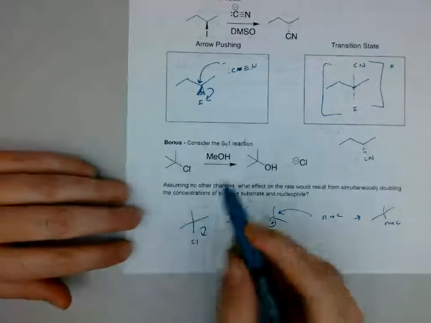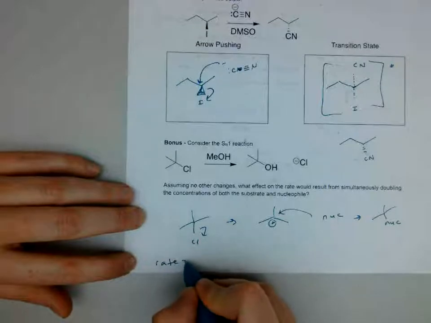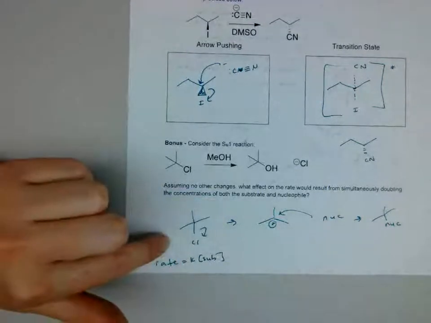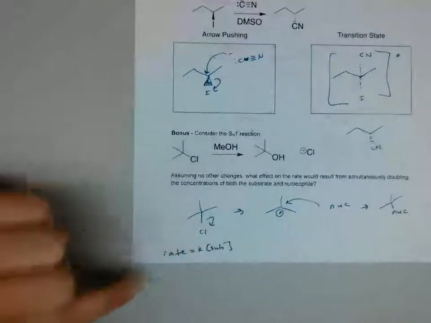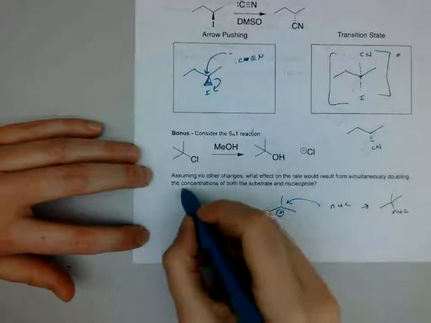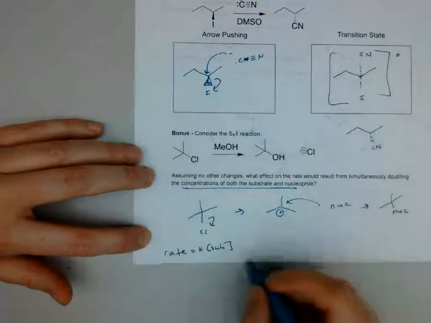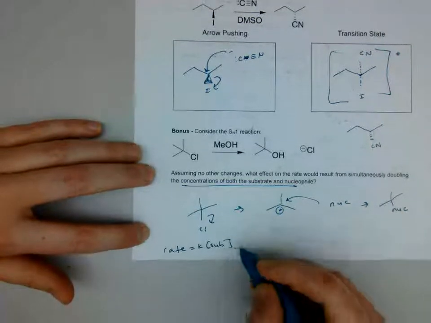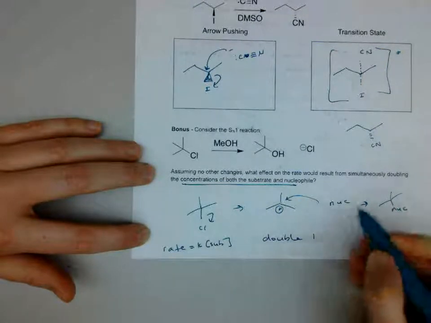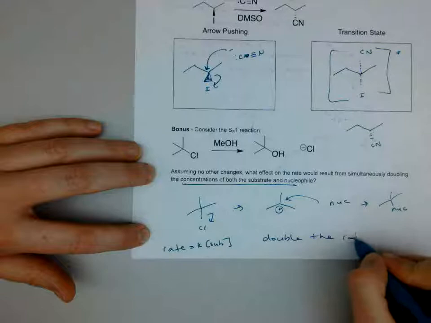In this case, the rate is only dependent on that first step, the substrate, when the leaving group leaves and the carbocation is formed. That's the rate determining step. So if we double both the nucleophile and the substrate, it won't matter. It only matters if we double the substrate. So that will double only the rate of the reaction, not quadruple.